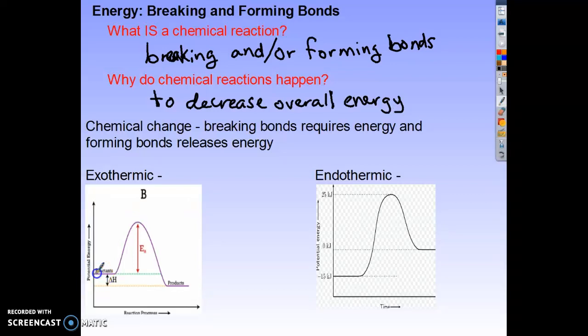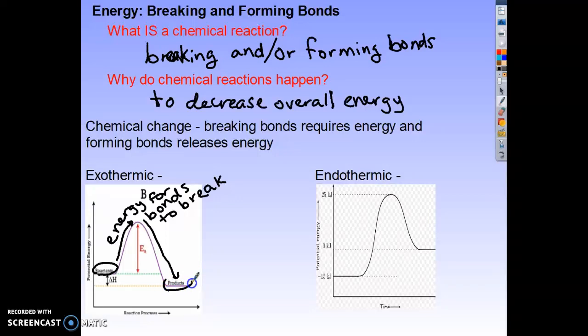Our reactants, or the stuff that we had before the reaction, is on the left, and this uphill part of the curve right here is the amount of energy it takes for the bonds to break. Then as you can imagine, as we go back down the hill, that's the amount of energy it takes to get to our product.